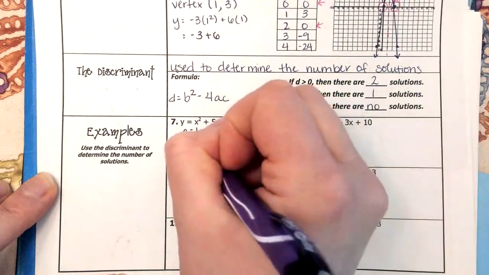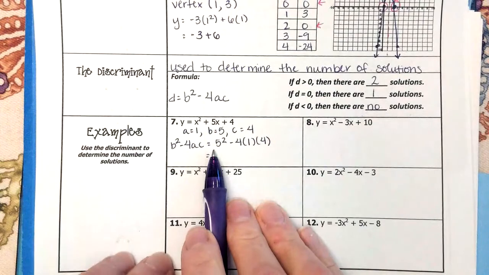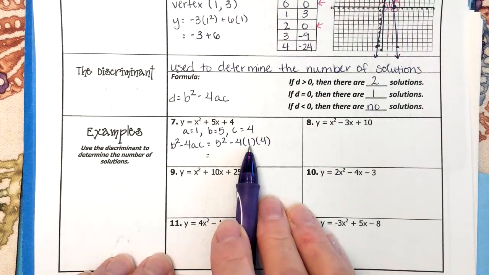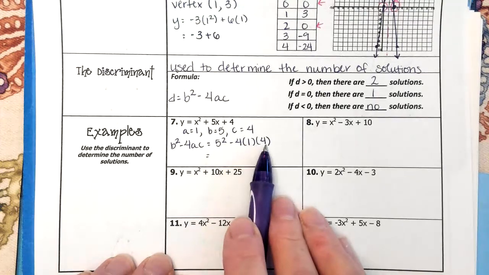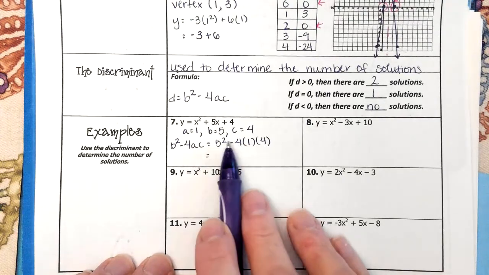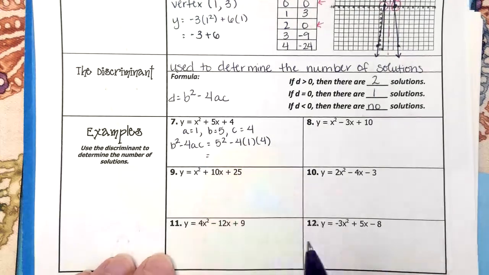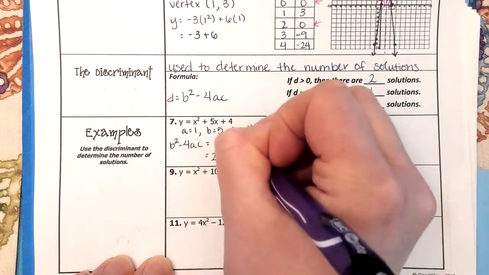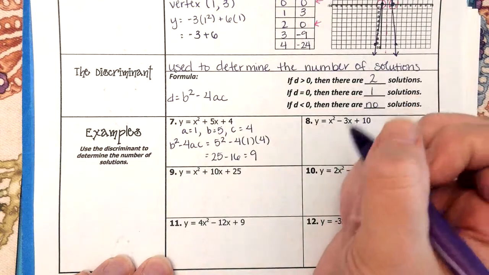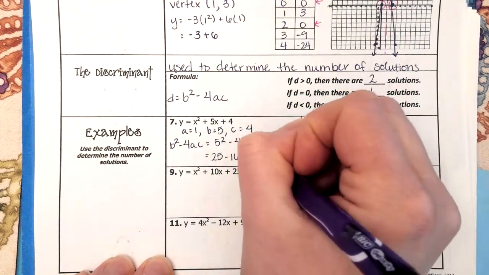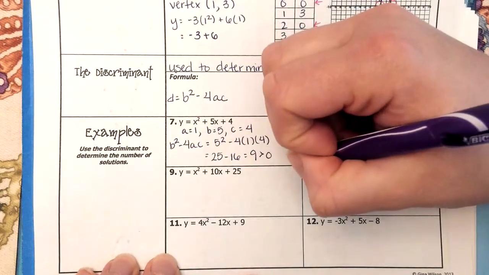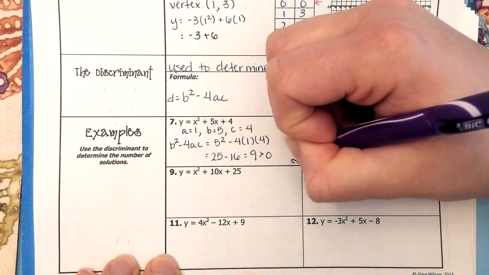Well, 5 squared is 25. Negative 4 times 1 is negative 4, times 4 is negative 16. So 25 minus 16 is 9. 9 is positive, it's greater than 0. So what does that mean for this problem? This problem has 2 solutions.